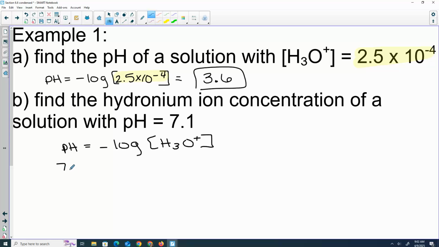But what I told you this time was the pH. So I'm trying to solve for this H3O+. How would I get that by itself? Divide the negative over.